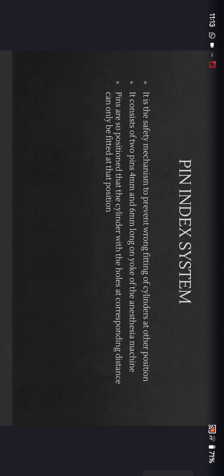Since technicians fit the cylinders manually, in some places they might not be fitted properly into the pipelines, so the pin index system was invented as a safety mechanism.